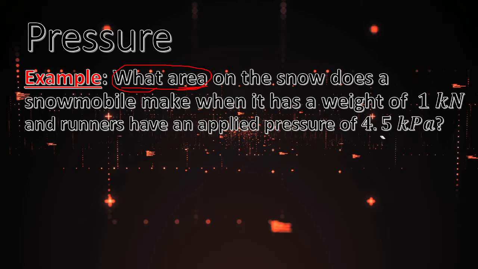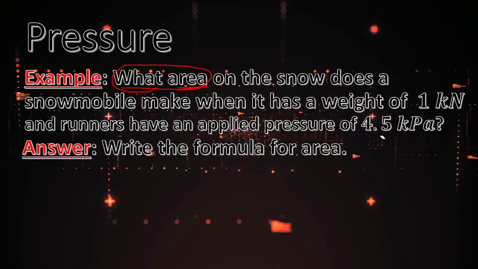Then we write the formula. So we already know the given for sure. It's actually not necessary to write the given, and you can just underline the given. So weight we have equals 1 kilonewton.